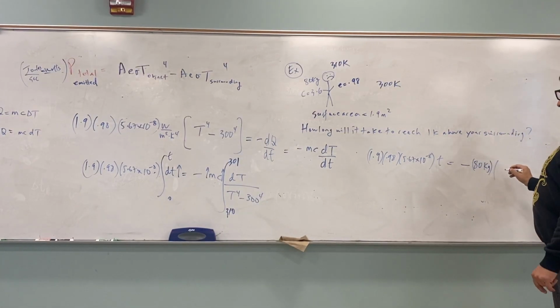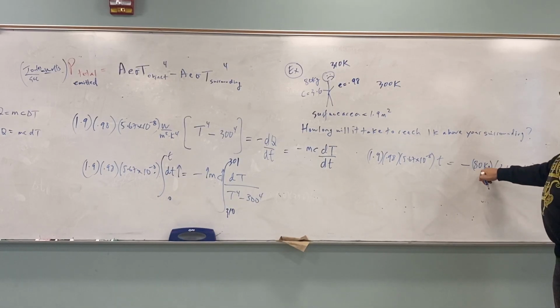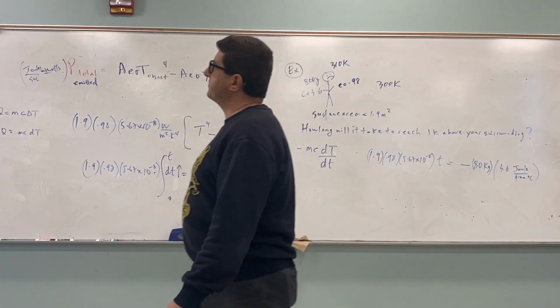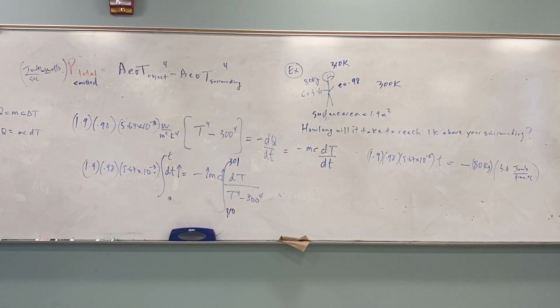Specific heat is 3.6 joules per gram per Celsius, so we need to change the mass to grams. 80,000 grams is your mass. Or we have to put here 3.6 kilojoules, 10 to the third. You see? We just have to make sure, because this is 3.6 kilojoules per kilogram.